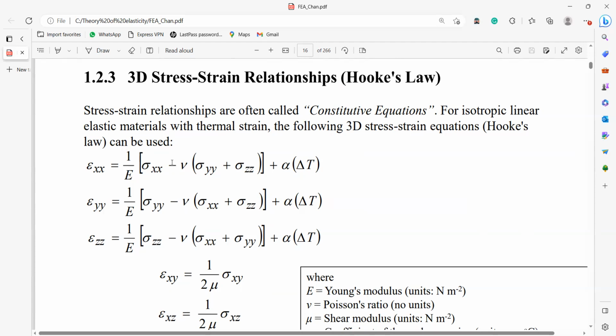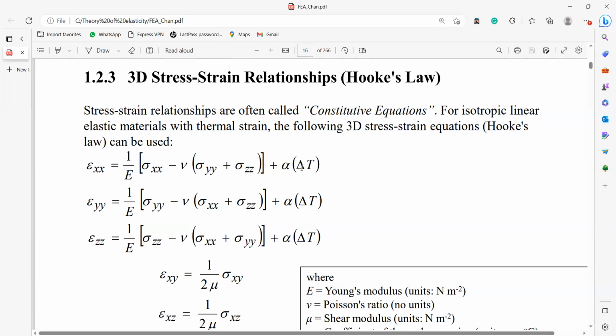That's why you have this negative sign, because of the Poisson's ratio effect, you might have compression on the other two sides. So that is why you have the negative sign convention that denotes that the other two sides are compressed.